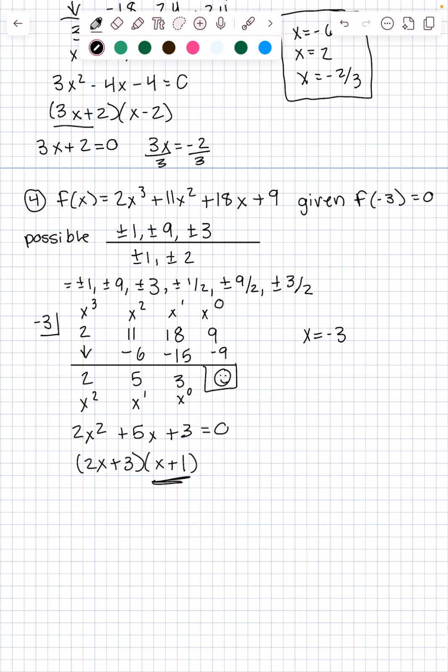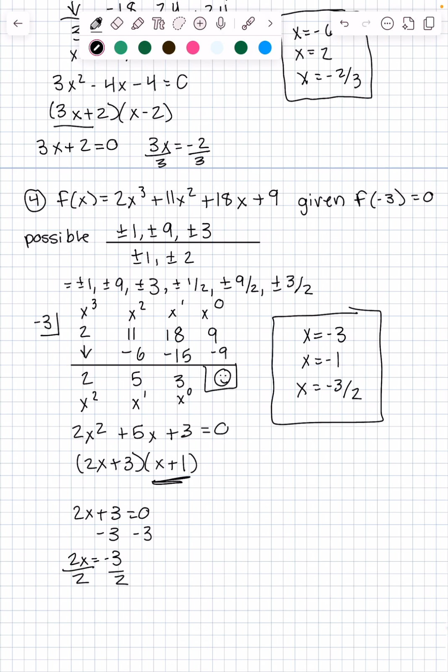This factor right here tells me that x has to be negative 1. And then when I set 2x plus 3 equal to 0 and solve for x, we get x is equal to negative 3 over 2. Okay? And these are all 3 of my solutions for x.